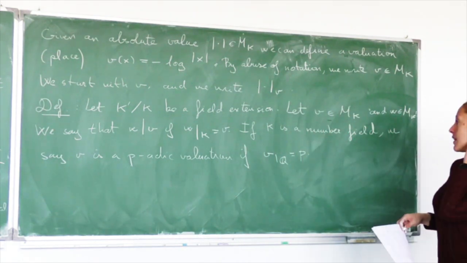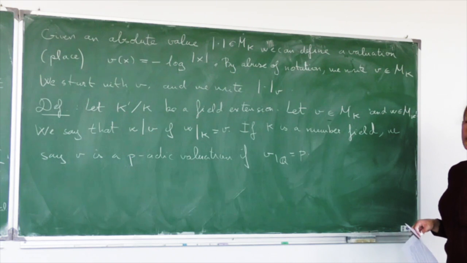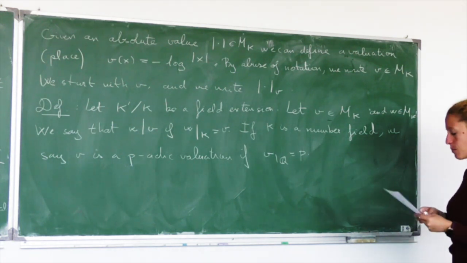In this case, we say that V is a p-adic valuation. It may happen that we have several p-adic valuations. We'll see examples.